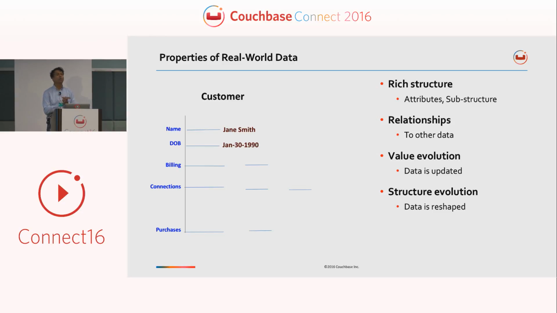So when you want to model an object within any database, you want the modeling features to support representing the rich data structures that you have modeled. You want to be able to store and query for relationships between one object and another object. You want to be able to evolve the values.